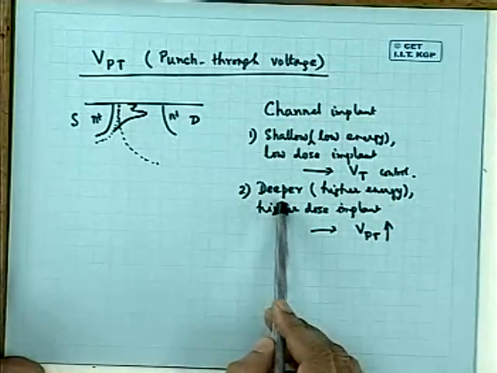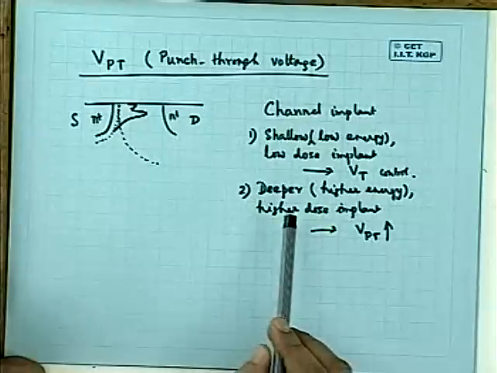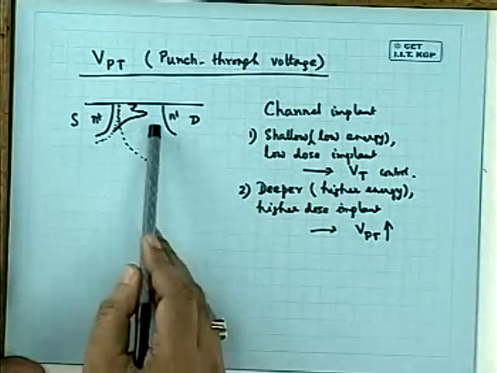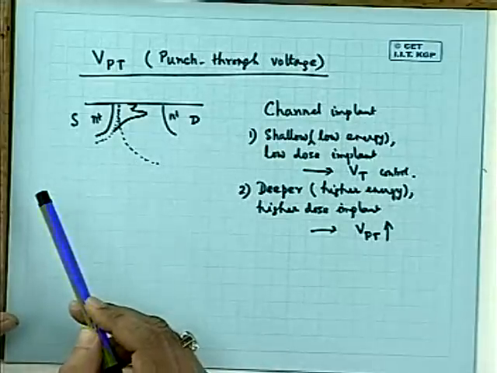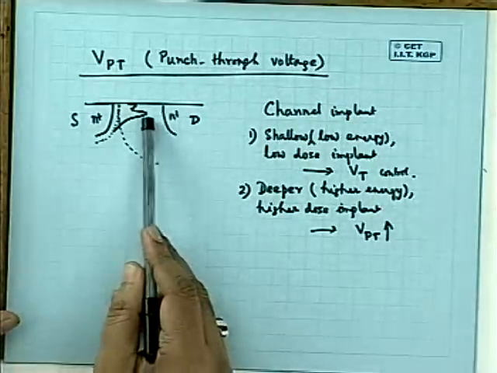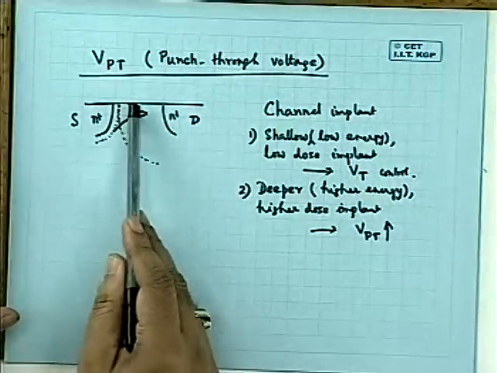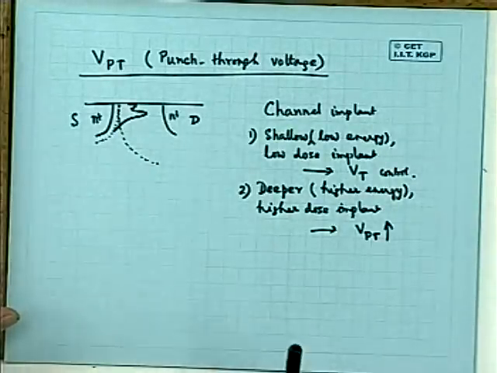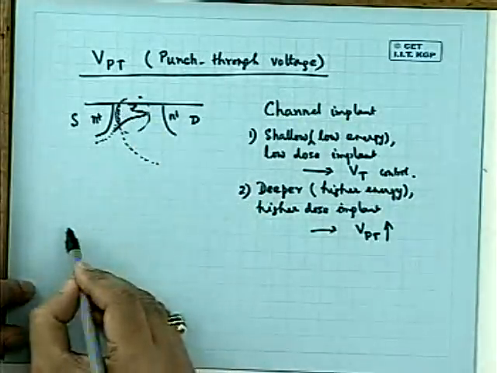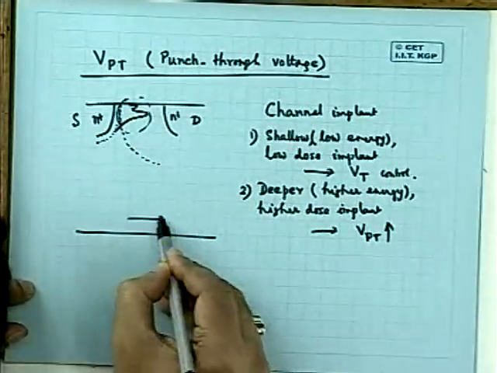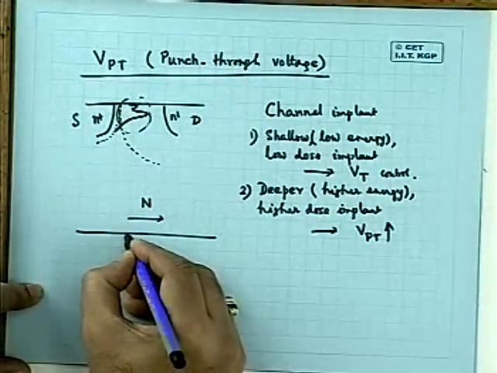And then a deeper, that means higher energy and slightly higher dose implant is done, so that the peak is positioned a little bit below the surface, and the N max value is also higher here compared to the N max of the first peak. So if I expand this, and this is the plot of N, then the curve looks like this.